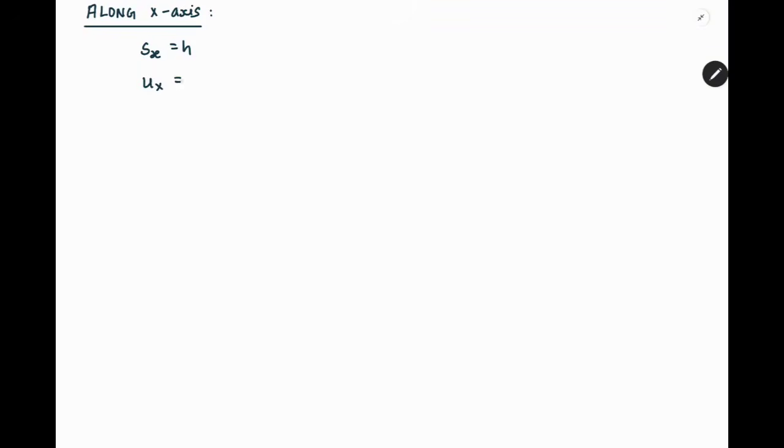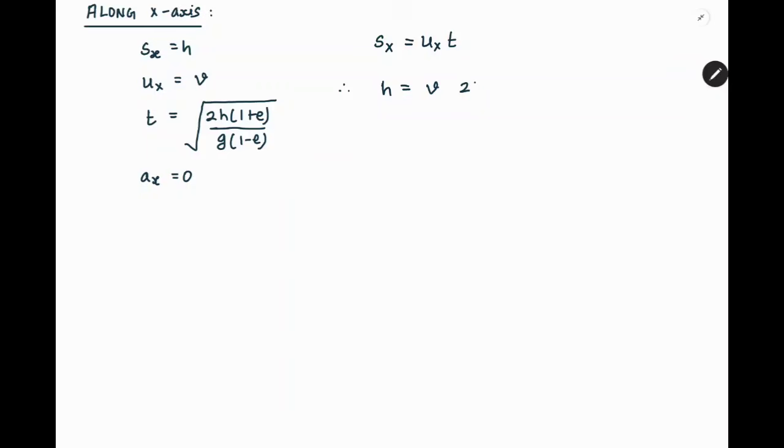Initial velocity in the x direction is not known, we are looking for it, v. And the total duration of time we have already evaluated as root of 2h(1 plus e) by g(1 minus e). So if we simply apply the equation that displacement along x is equal to u_x t, as acceleration in the x direction is 0, then we get h equals v times root of 2h(1 plus e) by g(1 minus e).